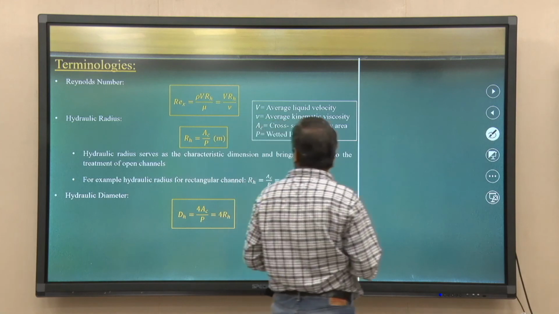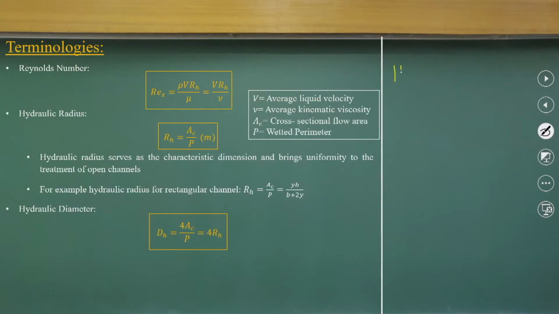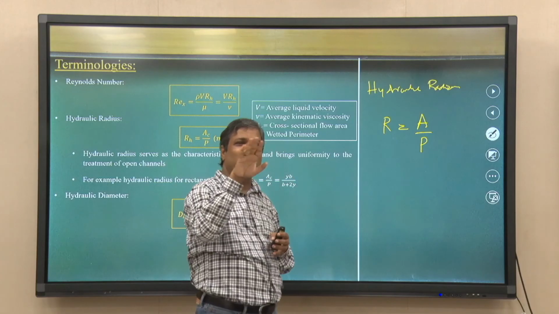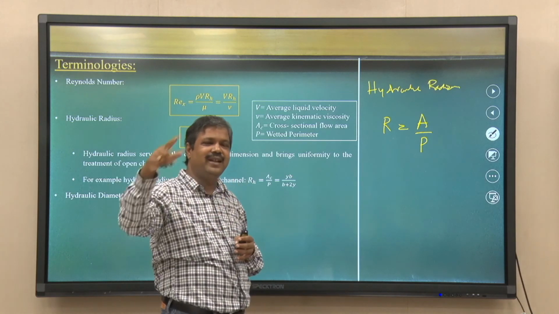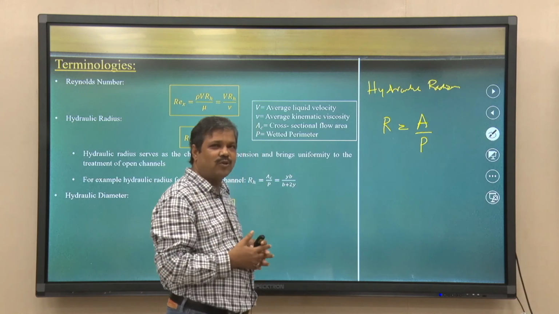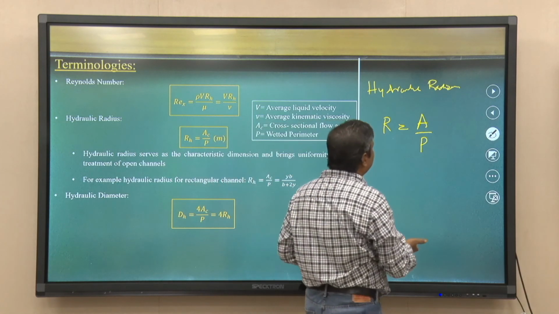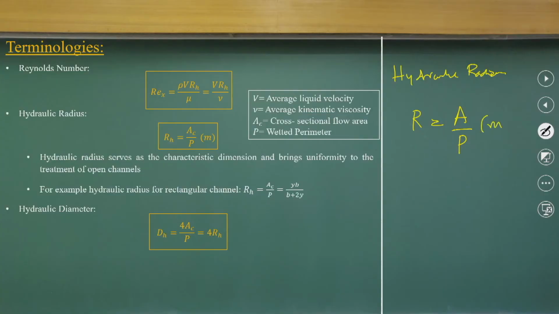The hydraulic radius is A by P. P is the wetted perimeter, excluding the top surface, which is the free surface. Area is the area of the flow cross section. It is equivalent to a meter dimension. We define the radius as A by P.